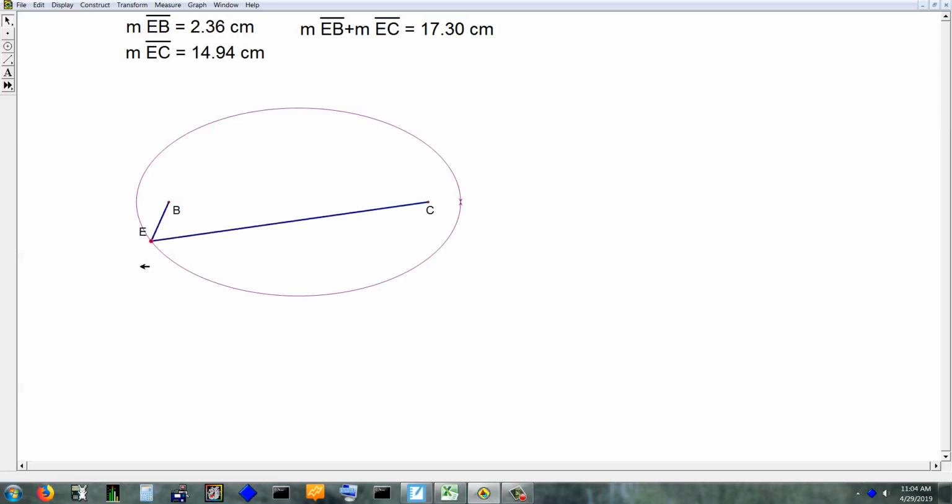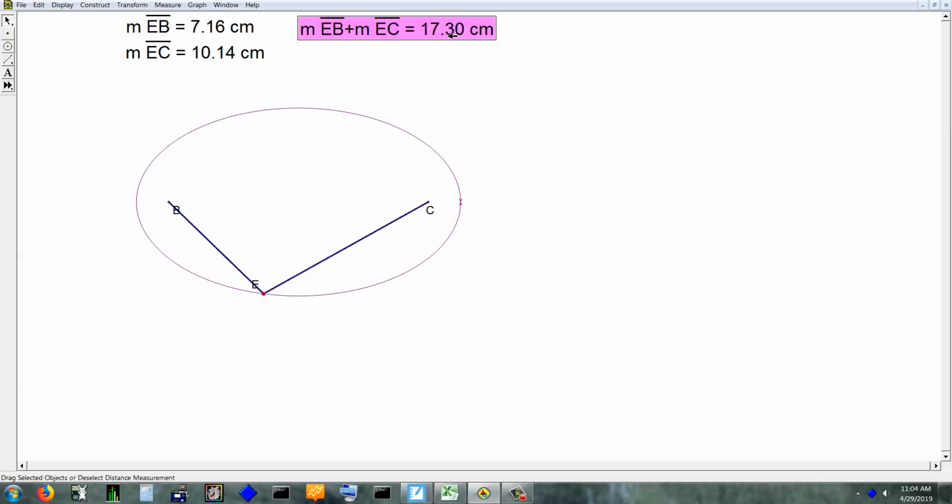And no matter where I drag it, those two distances always add up to 17.3. Any questions on that? That's the idea of an ellipse. The sum of those two distances always comes out the same. What it comes out to, in this case 17.3, not important. Just the idea that they always come out the same.